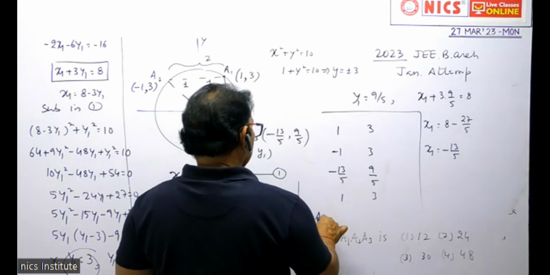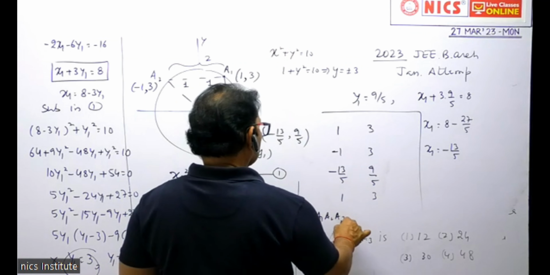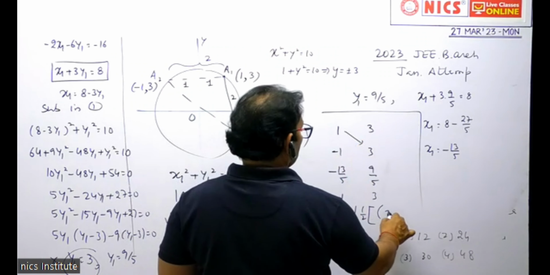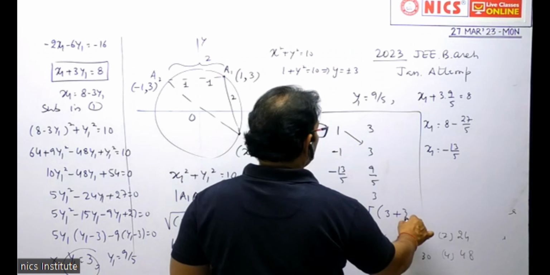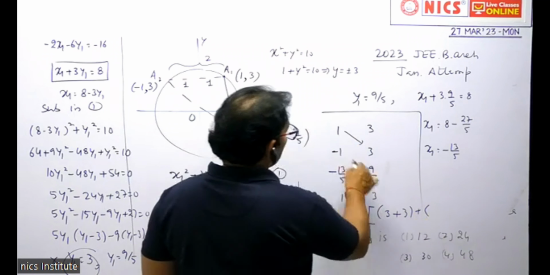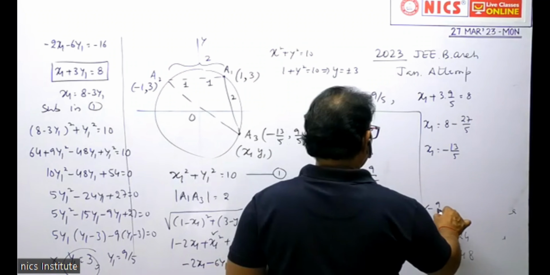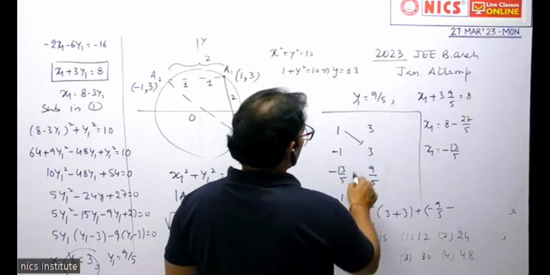Area of the triangle A1, A2, A3 will be mod half. This is the cross multiplication method, also called the shoestring method. This into this will be 3, minus this into this will be plus 3. Then this into this, minus 9 by 5, minus sign.